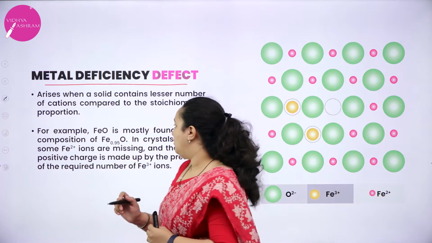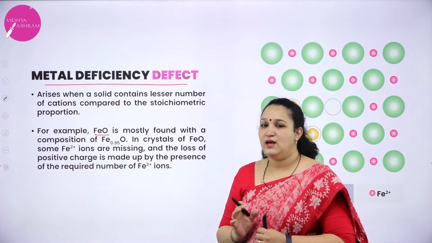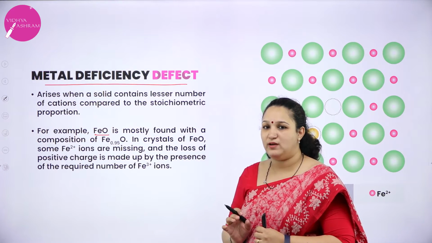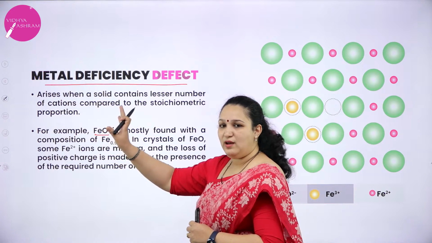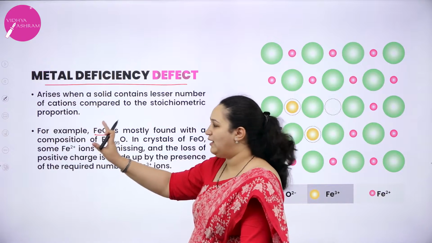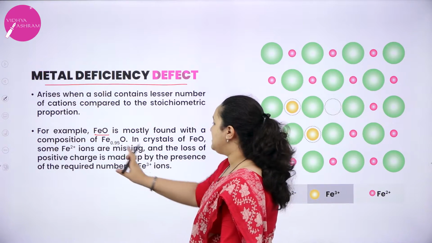For example, we will take iron oxide, FeO. Here, as I told, it is also a non-stoichiometric defect. That means the ratio is changing. So in FeO, ferrous ion Fe2+ and O2- should be in 1:1 ratio, but it is there in a different ratio.